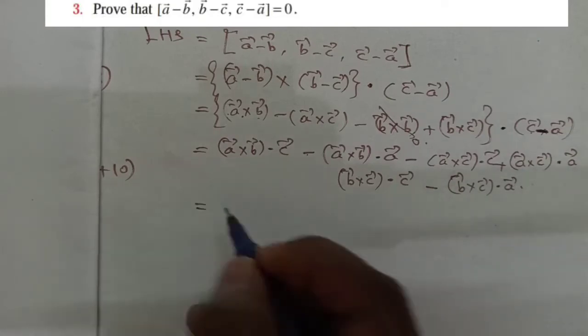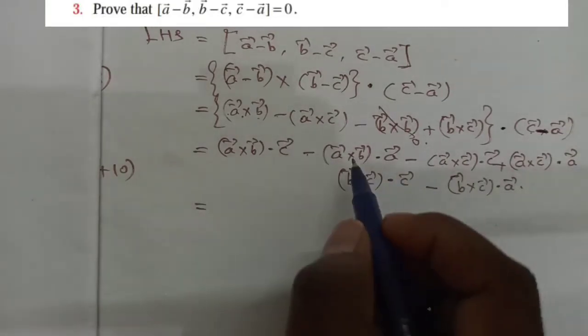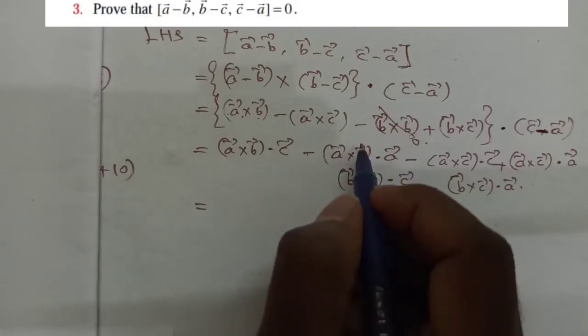Okay, in this expansion, if the same vector comes 2 times, the value becomes 0.